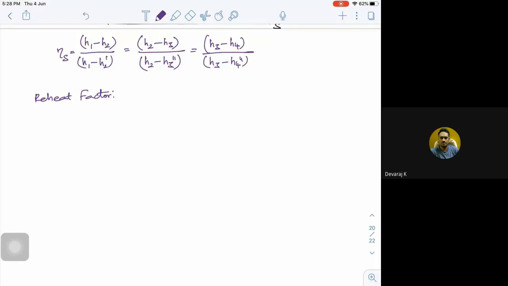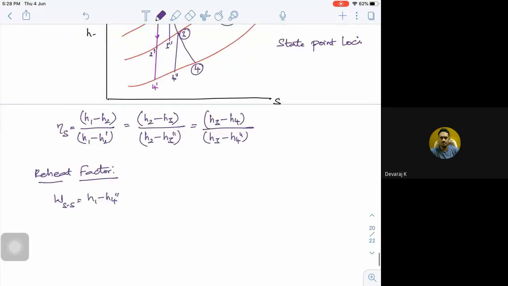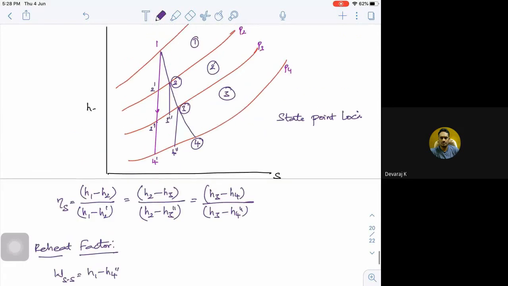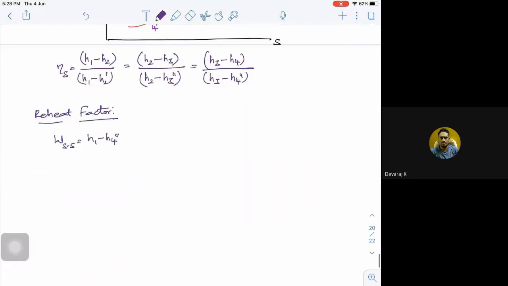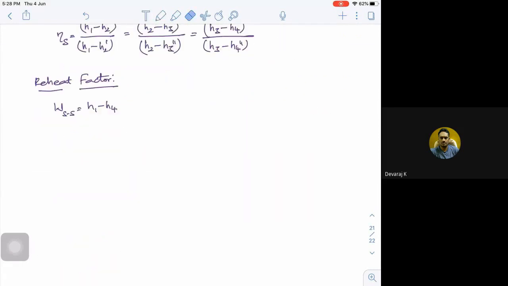If I go for a single stage, W is H1 minus H4 dash.